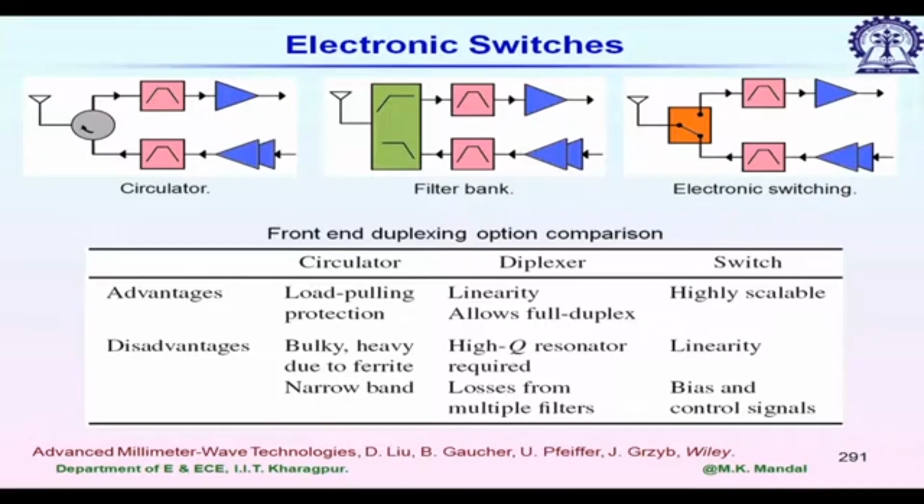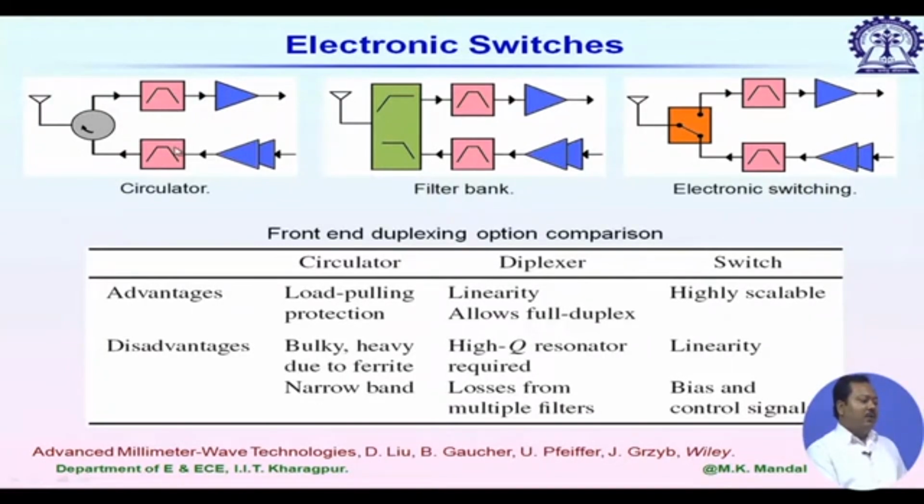isolate input and output. The first example here is based on a circulator. In this typical example, a single antenna is connected to the transmitter side and the receiver side.